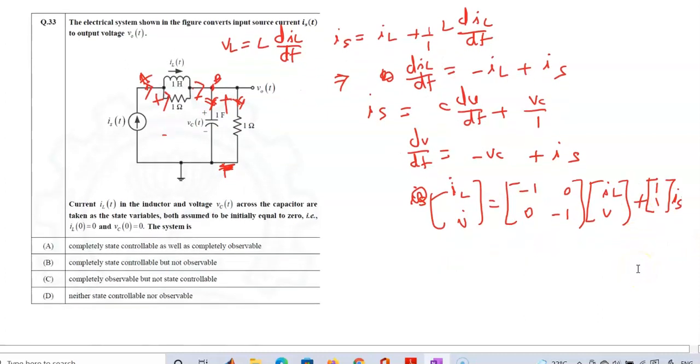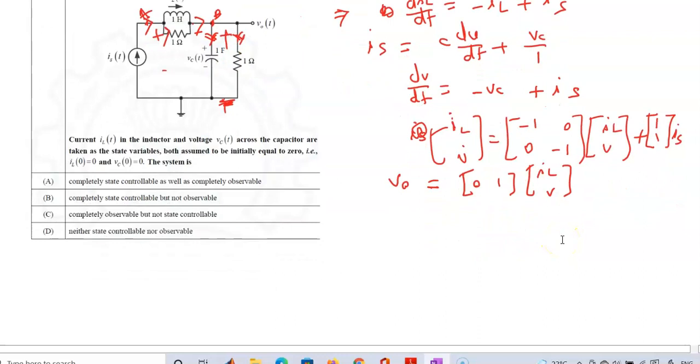Then we'll go for the output equation. Output is V0, which is simply VC, that means 0 1 times IL, VC.